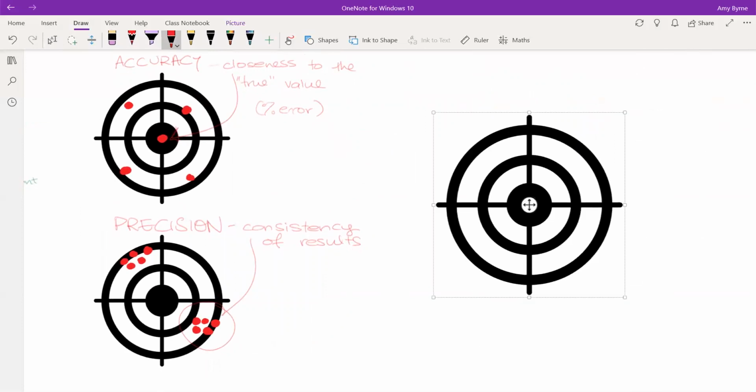Hopefully, you should now be able to see what an accurate and precise set of data might look like, and that is, so that is an accurate and precise set of data. It is close to the true value and those results are consistent.